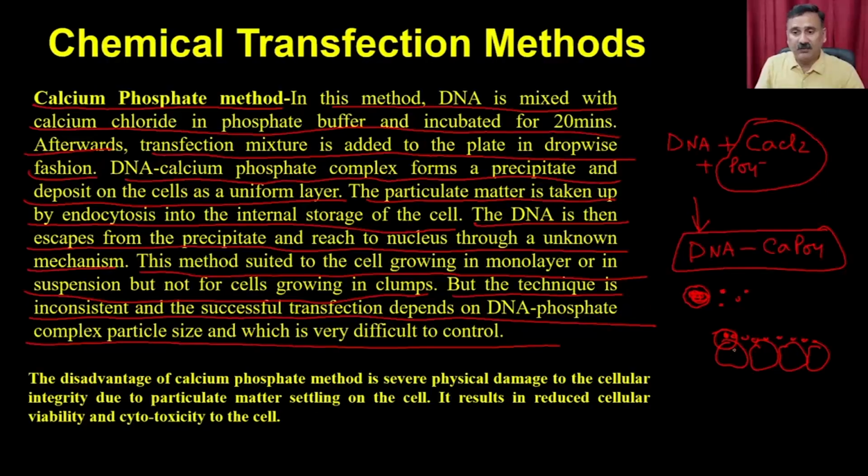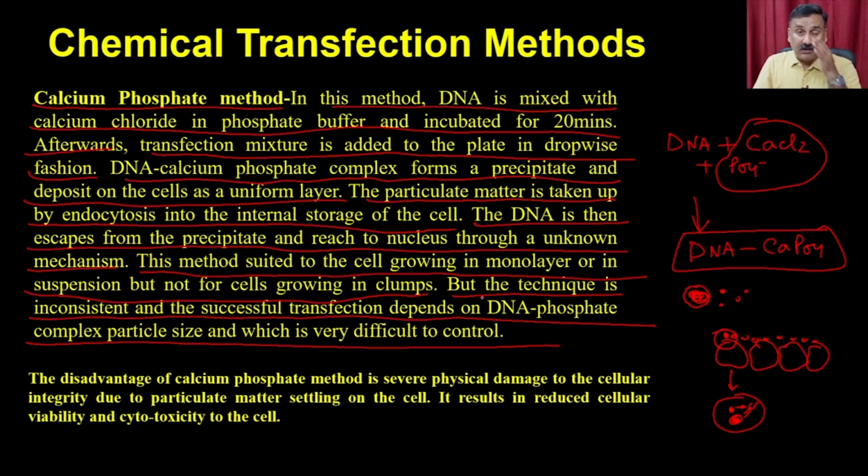When we take the food particle and it goes inside our body, the cells are going to take up this food. Okay, and as a result this particle is going to be taken inside. Then once the particles are inside, the DNA is going to be released from this, and that's how the DNA will reach the nucleus.